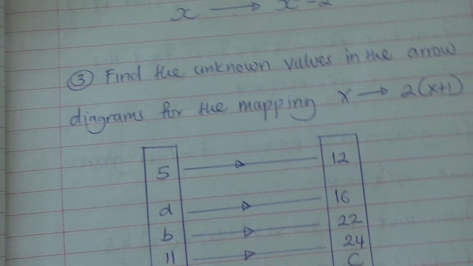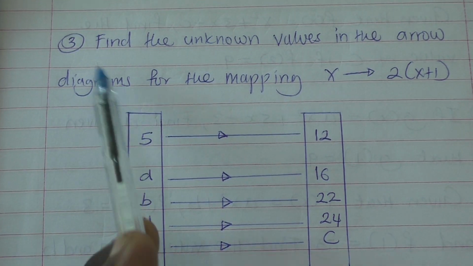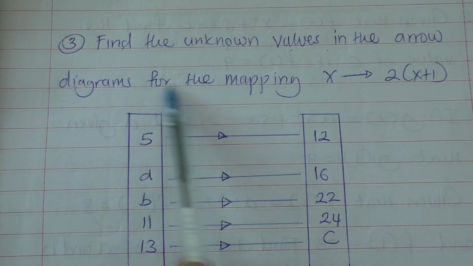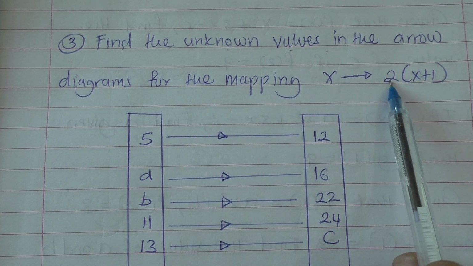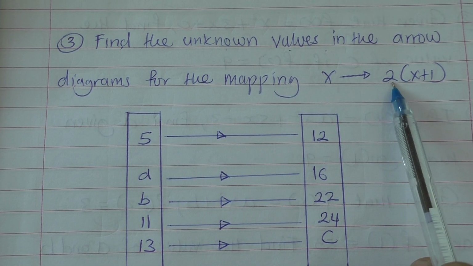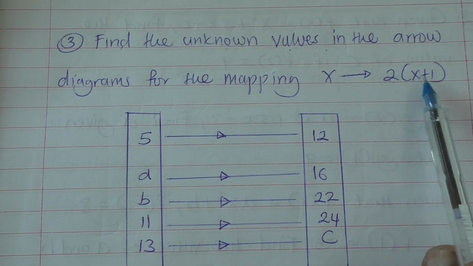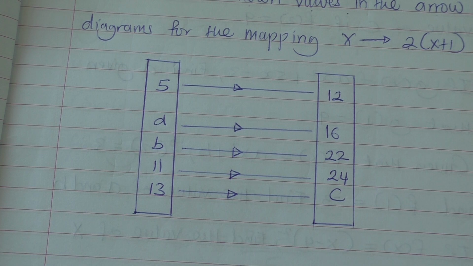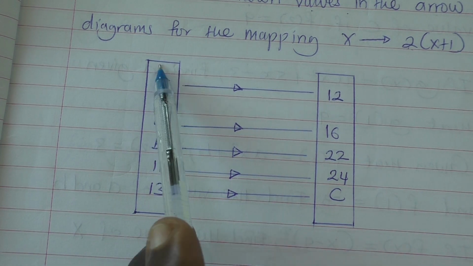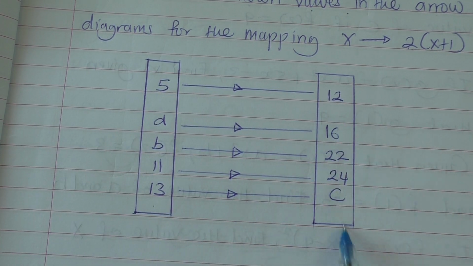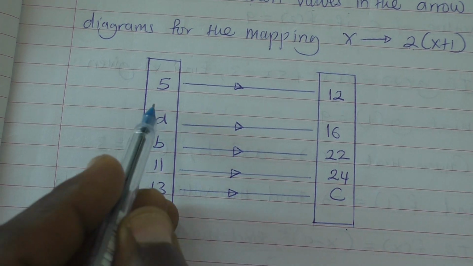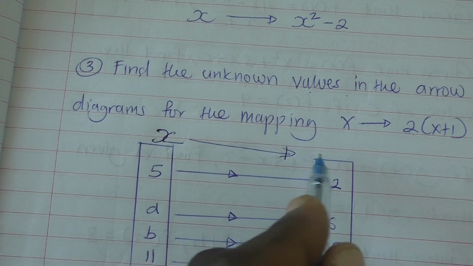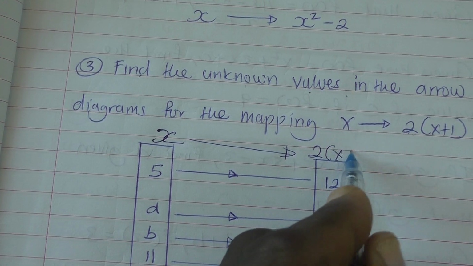In number 3, we are told to find the unknown values in the arrow diagrams for the mapping x mapping to 2 into x plus 1. So this is our domain set, this is the range set. Meaning that the values on this side are showing x, and the values on this side are showing 2 into x plus 1.